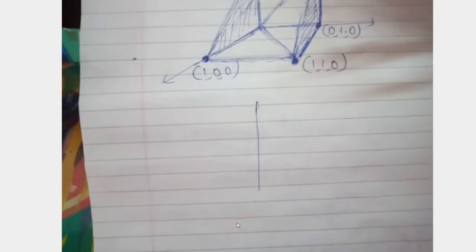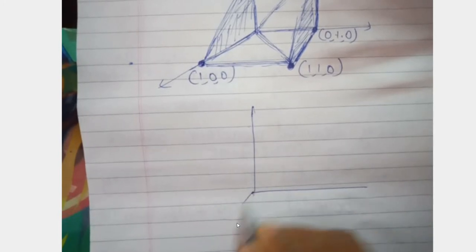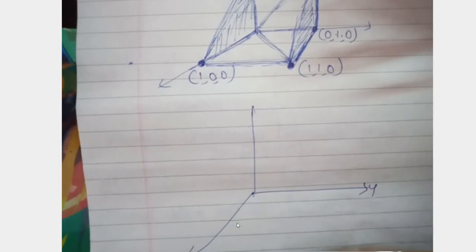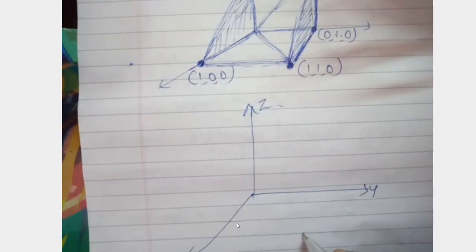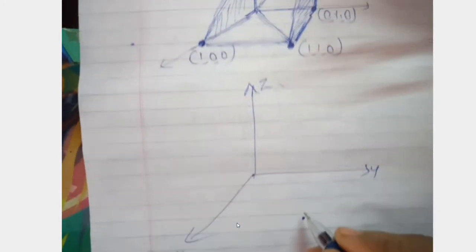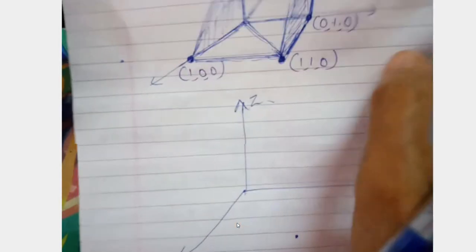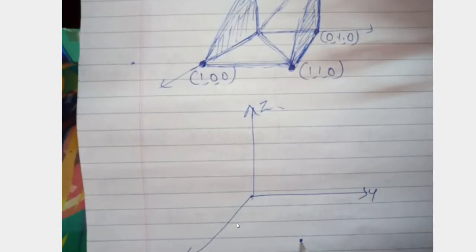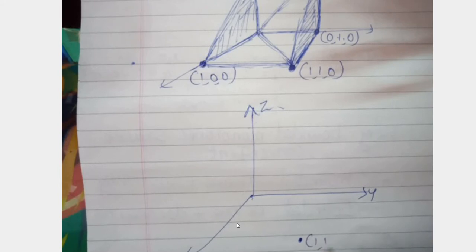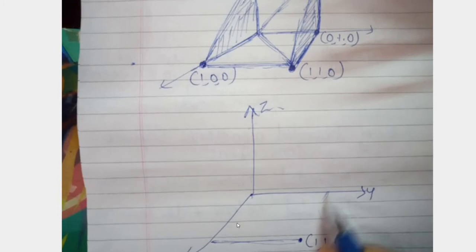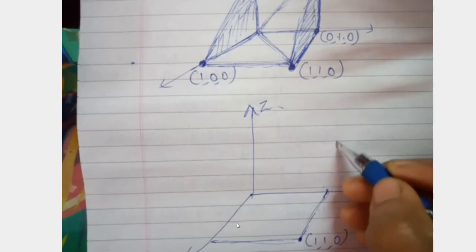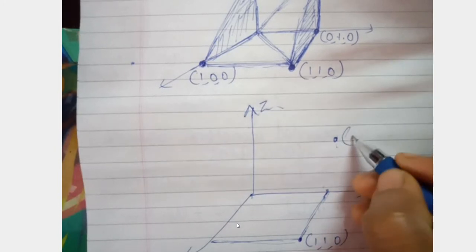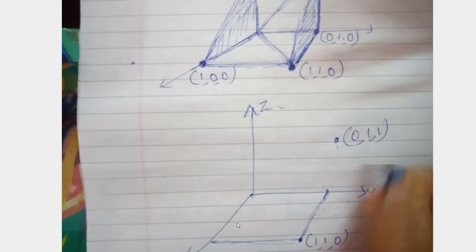This is the xy plane, this is the y axis, this is the x axis, and this is the z axis. The first point is 1, 1, 0. And suppose this is the point 0, 1, 1.